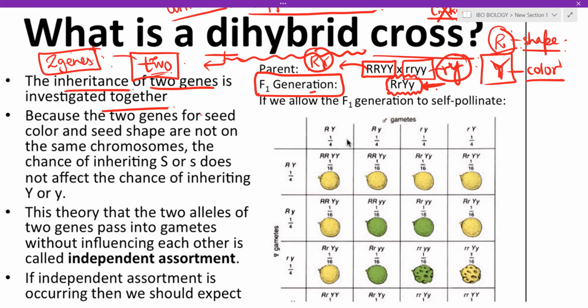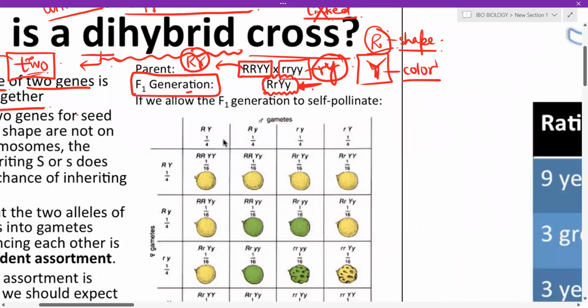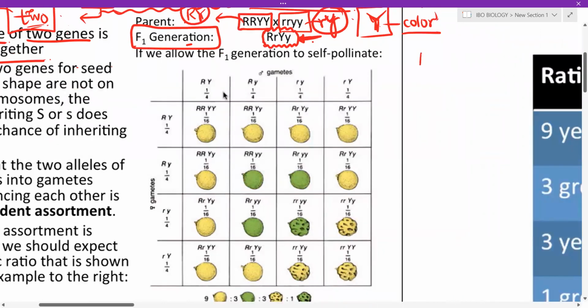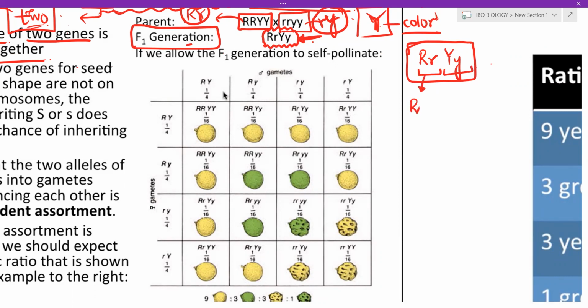Now this F1 generation, capital R small r, capital Y small y, will give you four different types of gametes. According to Mendel's law of independent assortment, out of these two R's, you can only get one in the gamete, and out of these two Y's, you'll only get one.